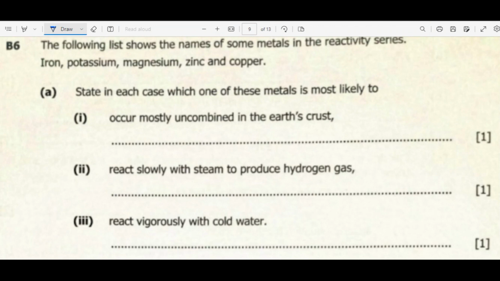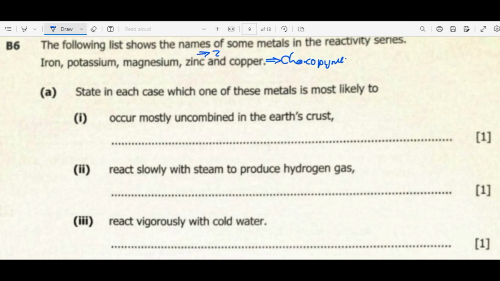So question A states, in each case which one of these metals is most likely to occur combined in the Earth's crust. If we look at copper, the ore is known as chalcopyrite.